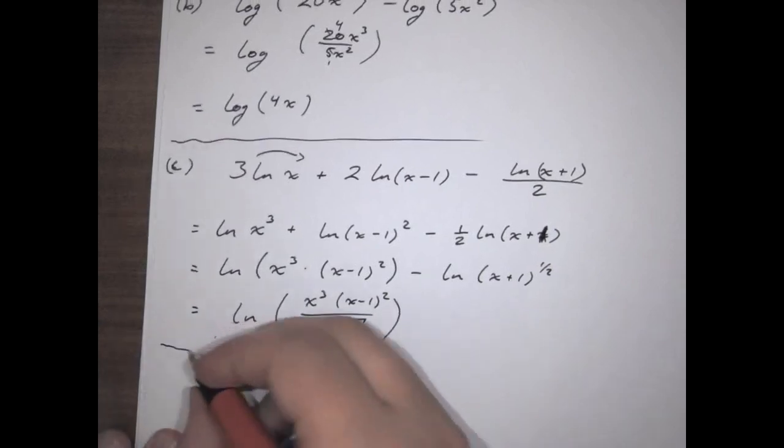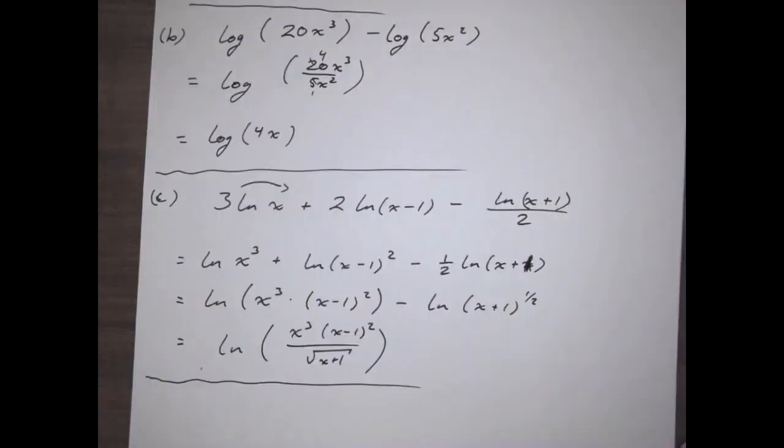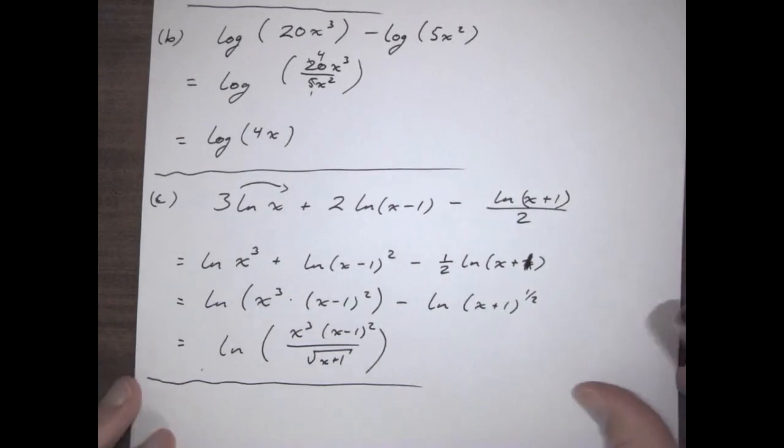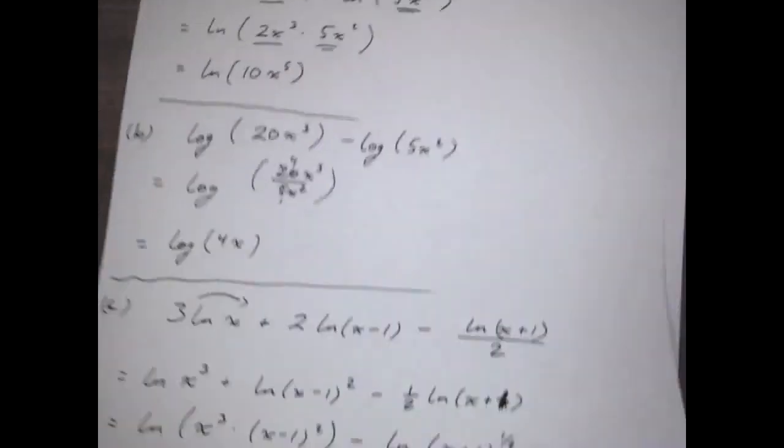So there's that. And then there's one more important property that we're going to have to use in order to make the most out of these logarithms, and that is the change of base formula.